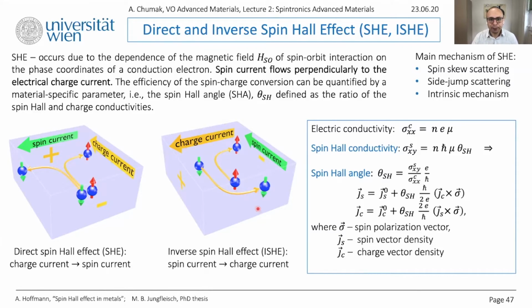An ideal spin polarized current, as we discussed in the very first lecture, is when your spin down electron moves in one direction and spin up electron moves in the opposite direction. Then you have no flow of charge, but instead a pure and maximized flow of spin angular momentum. And that's exactly what is described here as spin current, when the spin down electron moves towards us and the spin up electron moves away. Then there is no flow of charge, but there is a flow of spin.